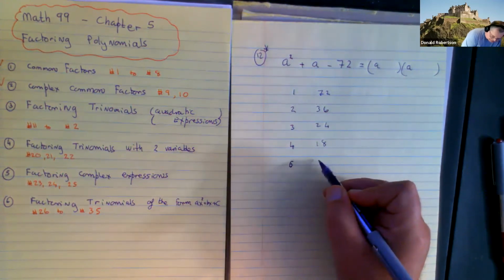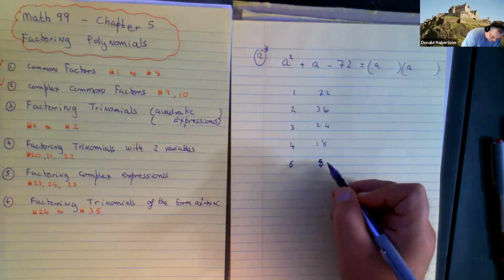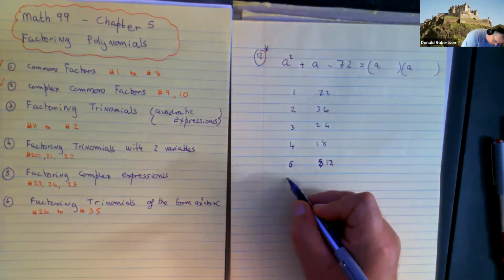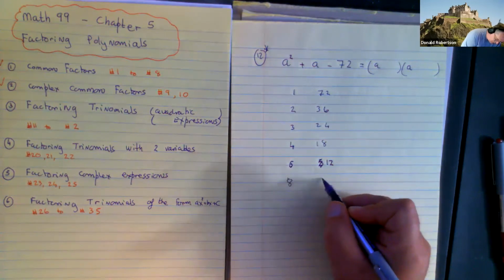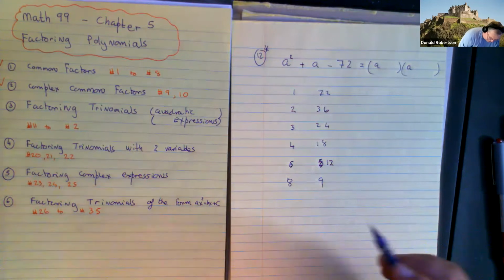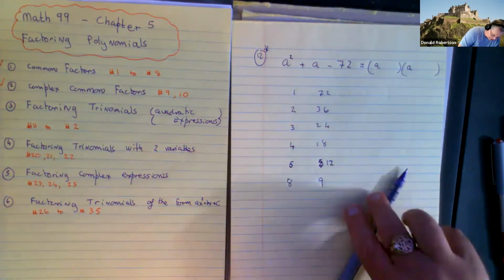Yeah. 6 times what? Not 8. 6 times 9, 10, 12. 6 times 12. That would work. I cannot do 7 directly. I could do 8 times 9. And that's probably all, because all I would do then would go 9, 8 and climb back up again.